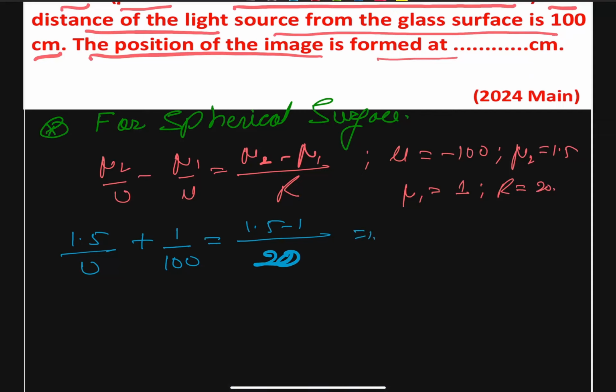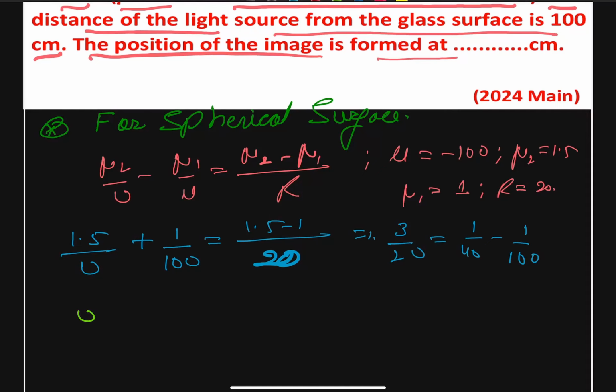So this gives us that 3 by 2v is equal to 1 upon 40 minus 1 upon 100.